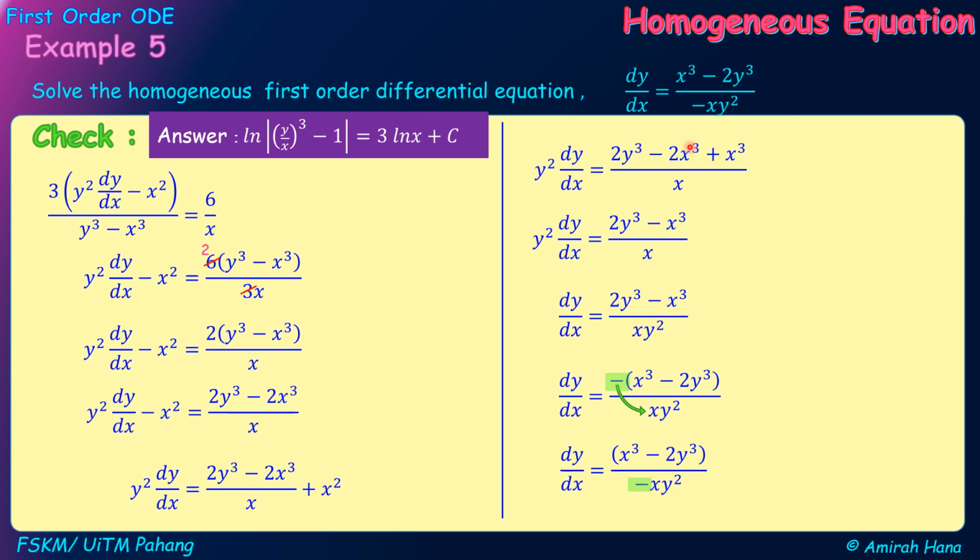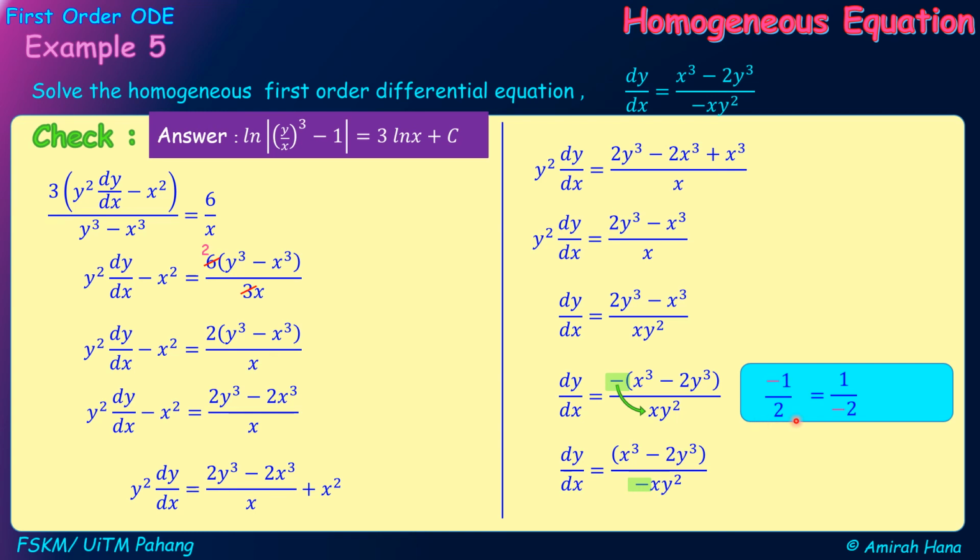Now, when we compare, we get the denominator with a negative sign. Why can we move the negative sign to the denominator? Let's say we have negative 1 over 2. We also can write 1 over negative 2. From here, we have a negative sign in the numerator. From the right hand side here, we have a negative sign in the denominator.